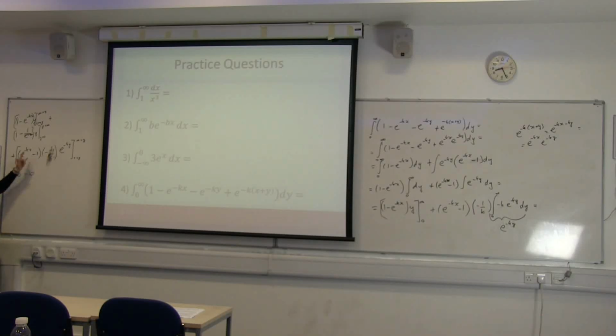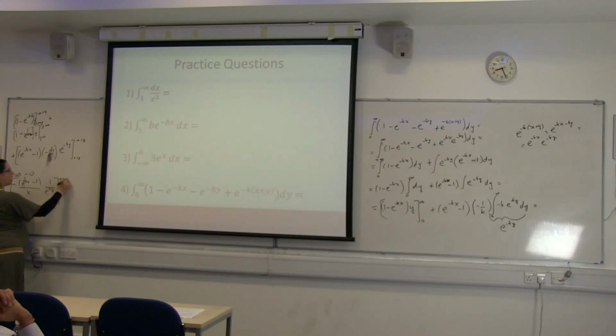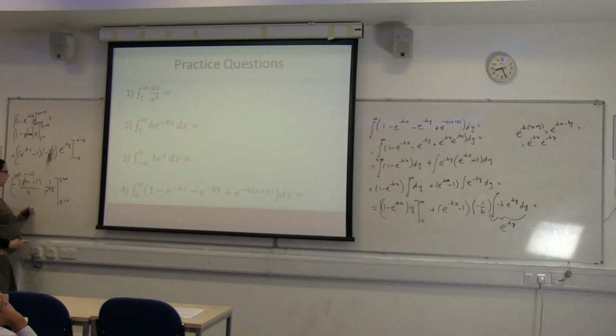That means I can switch these two terms, or just keep the negative sign. Negative 1 over e to the kx times 1 over k, and that is 1 over e to the ky, between y being infinity and y being 0.